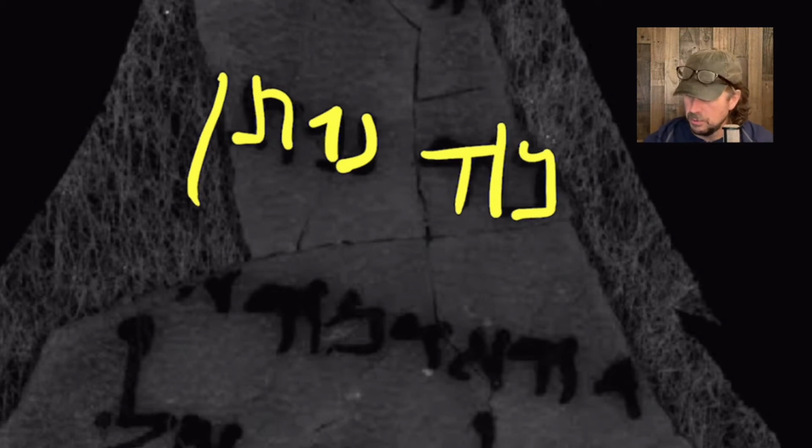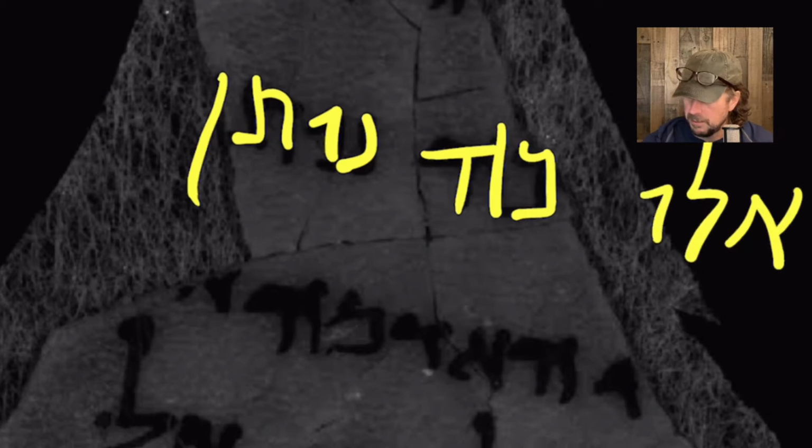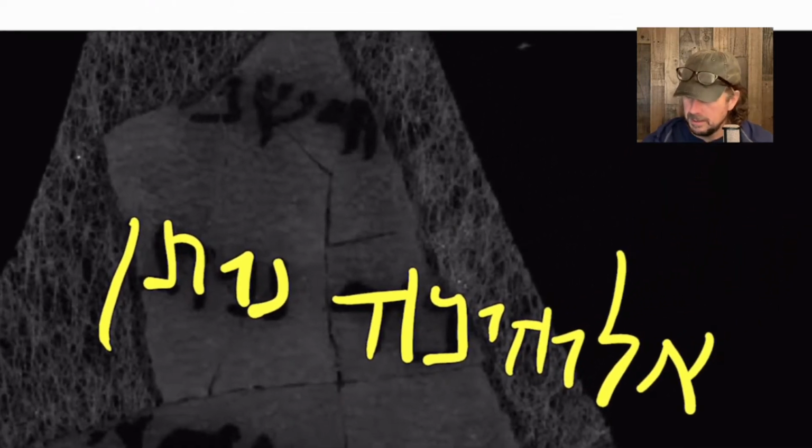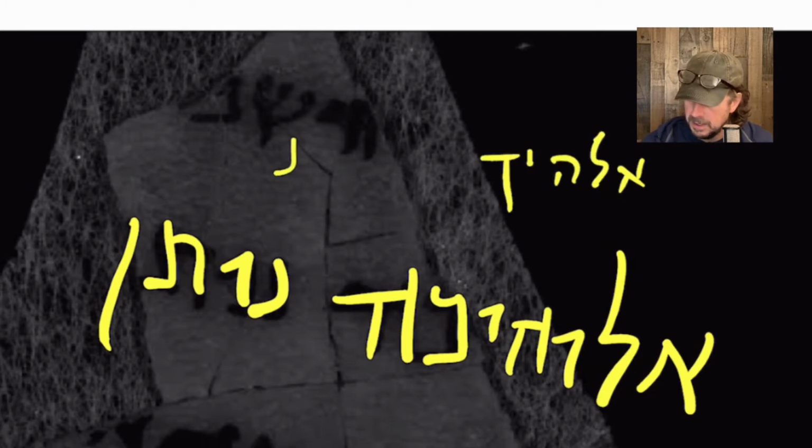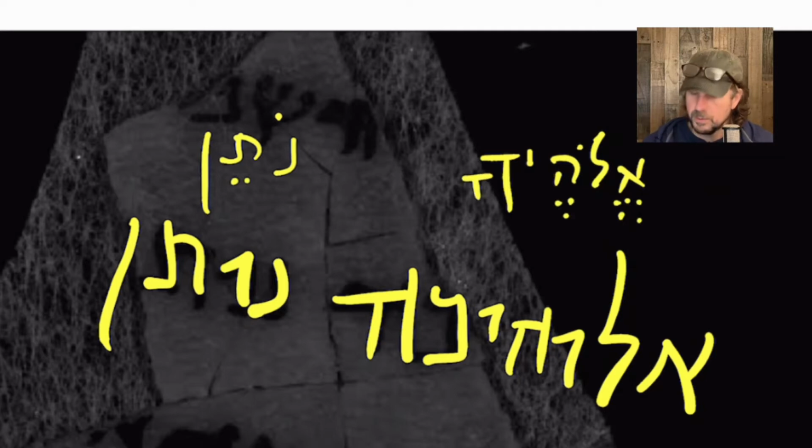And so presumably what we would have seen here is Aleph, Lamed, Vav, Hey, and then a Yod, which would look, if we saw this in a Masoretic text, it's Elohecha like this, and then Noten with just a cholam like that. So that's what our Masoretic, Elohecha, the Lord your God, is giving.